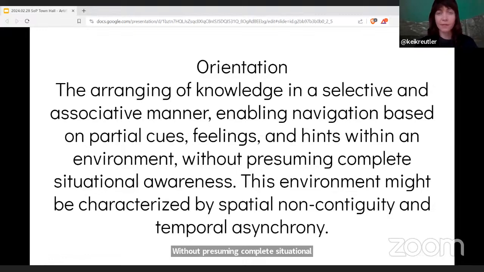So there's a certain opacity at play. This environment might be categorized by spatial non-contiguity and temporal asynchrony in relation to the participant, and the associations themselves can also be non-contiguous and asynchronous. Put another way, these associations do not need pre-established relationships, as though unveiled through scientific classification. Instead, orientation generates connections between the elements it associates.